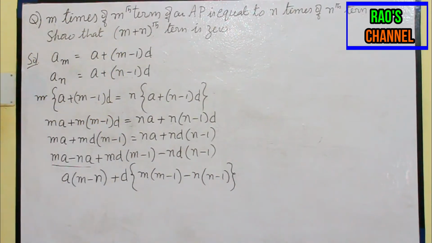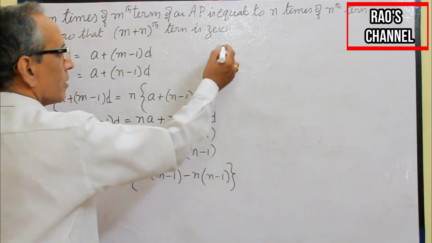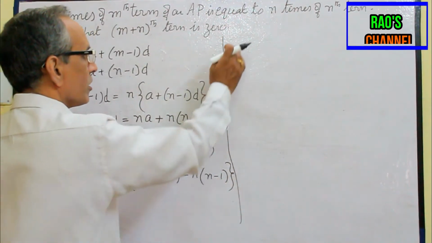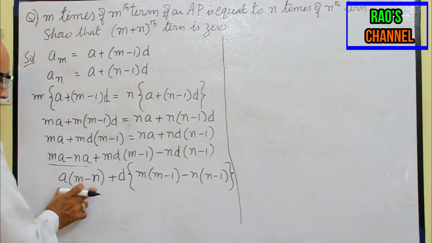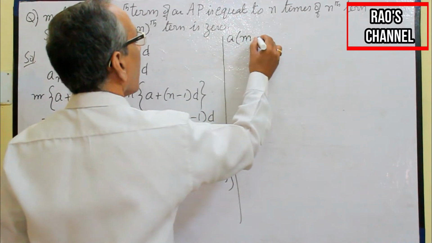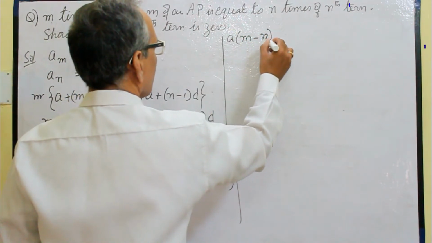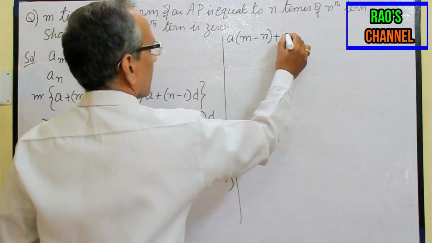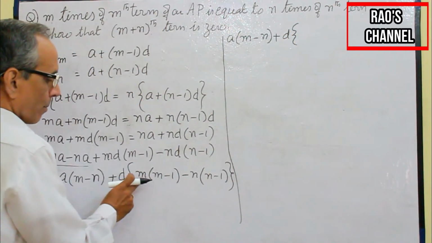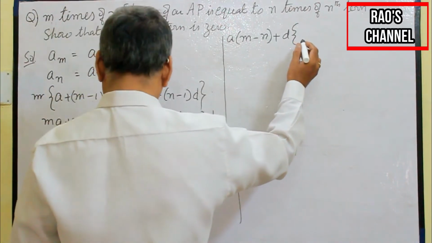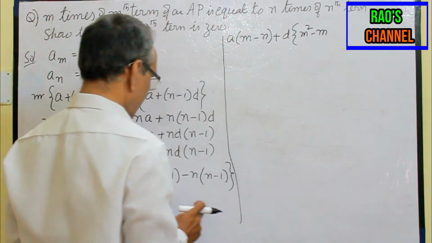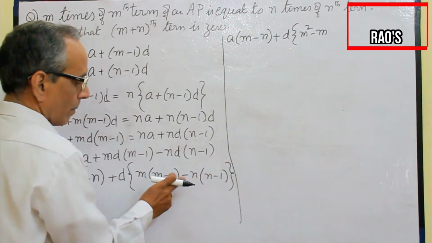Let me compute this in my next step. A(m minus n) plus d times (m square minus m minus n square plus n).